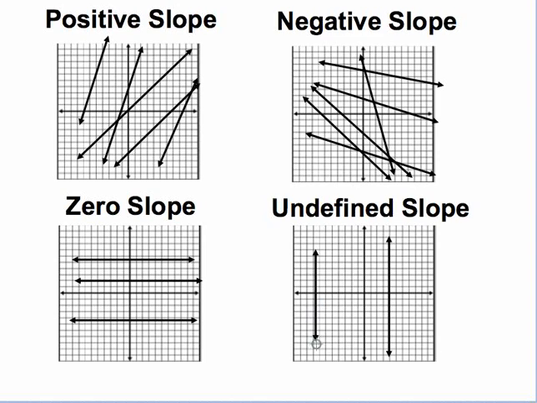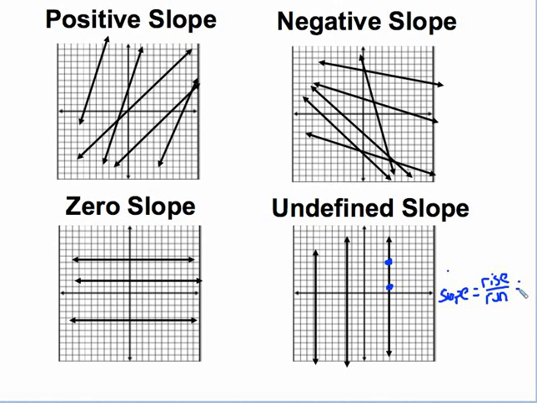Now the reason that these guys are undefined, so let me draw a few more undefined slope lines, is similar to the reason that we have zero slope lines. So I know that if I were to pick 2 points on one of these vertical lines, let's pick those for example, I know that slope equals rise over run.